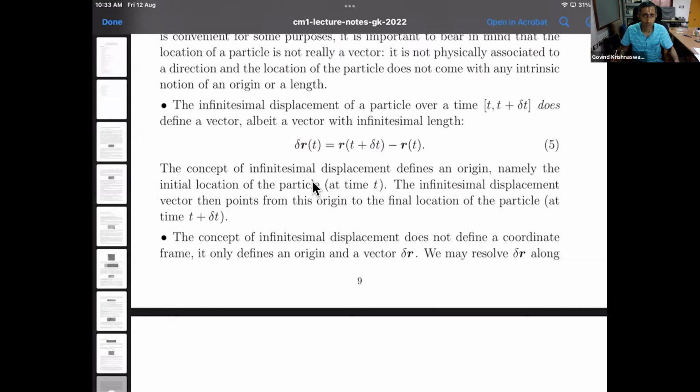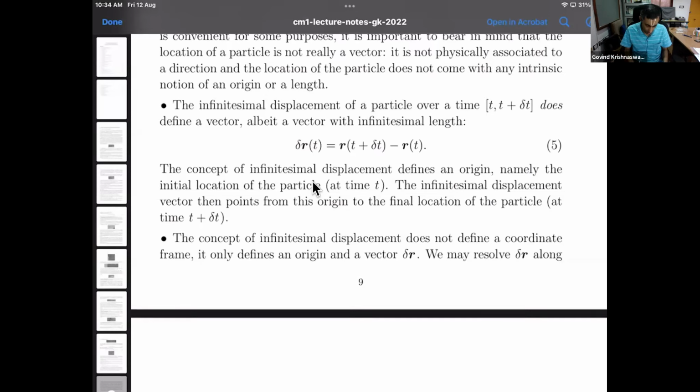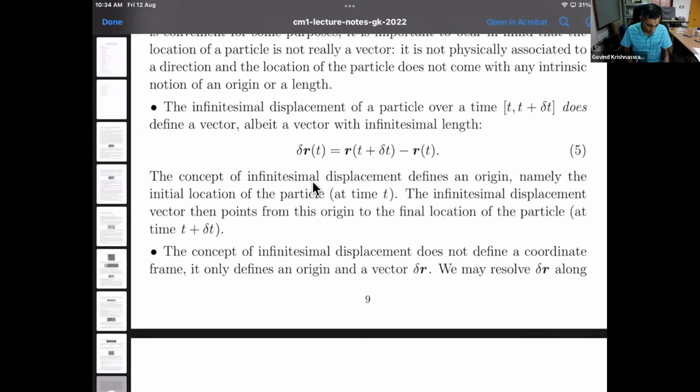Those points can be given names like here, there, and everywhere, or A, B, C, or whatever way you want to name them. At the end of the day, they're just some points. And of course, the dynamics involves motion from one point to another. So let us discuss this in a little bit more detail.